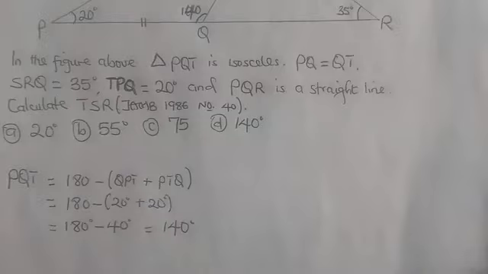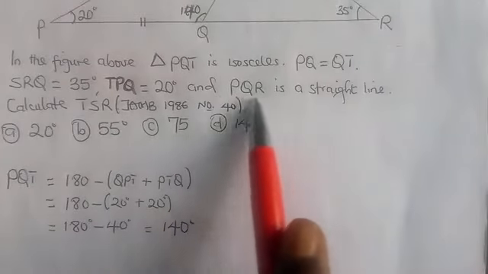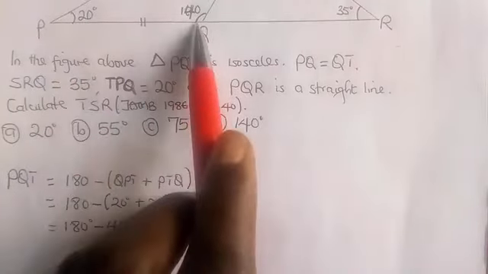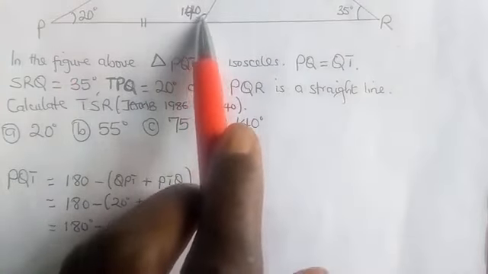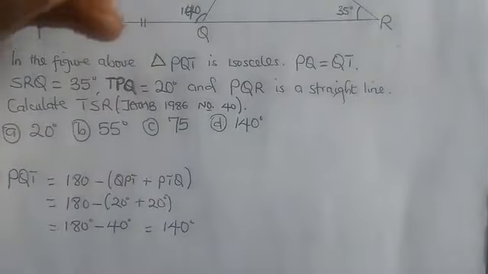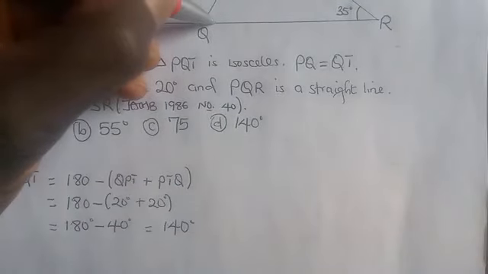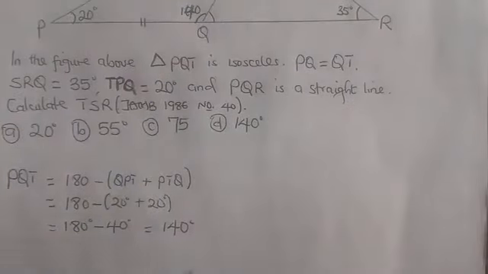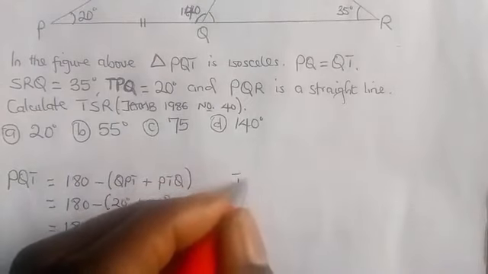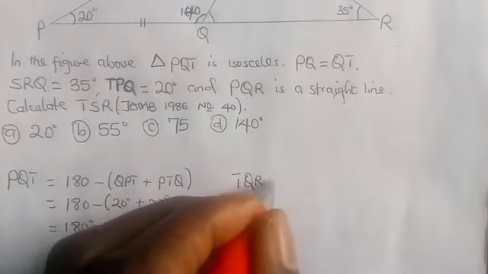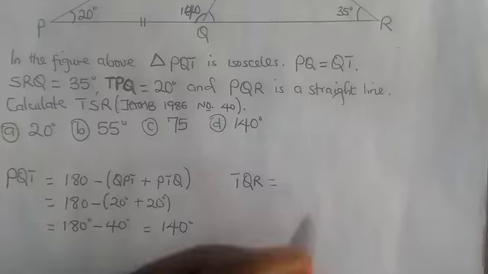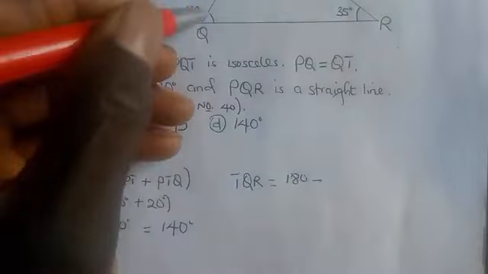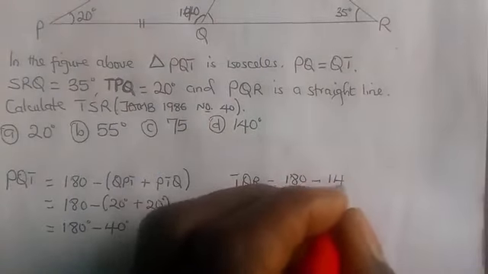We are also told that PQR is a straight line, implying that if PQT, which is this angle here, is 140, we need to get this angle TQR. So for us to get TQR, we are going to do 180 minus 140, which is the value of angle PQT.